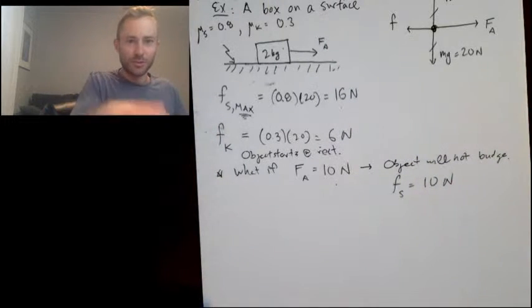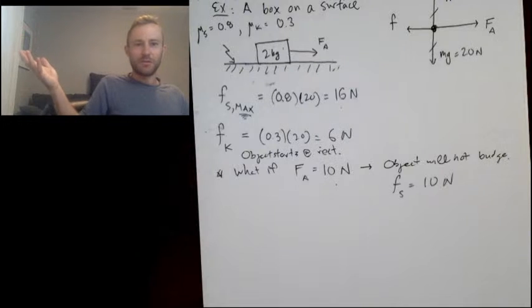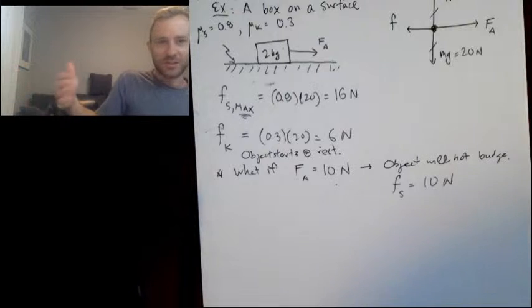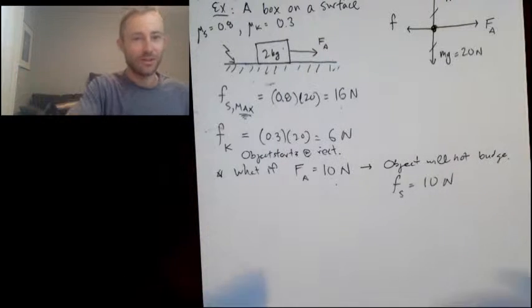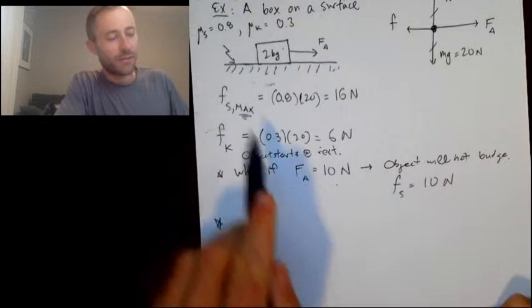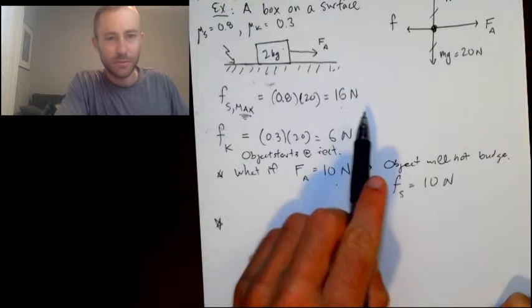You tried to pull, and it accelerated away from you. That obviously makes no sense. You never pull on something and then when you pull, it accelerates away. That's just crazy. So static friction matches you up to a maximum value.